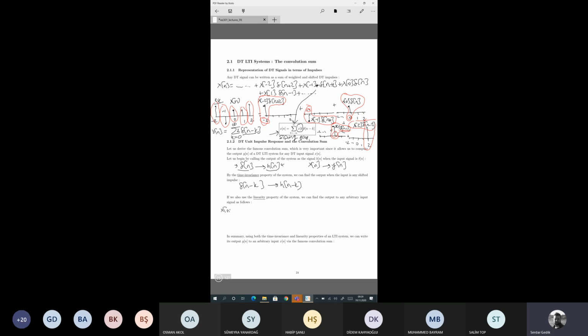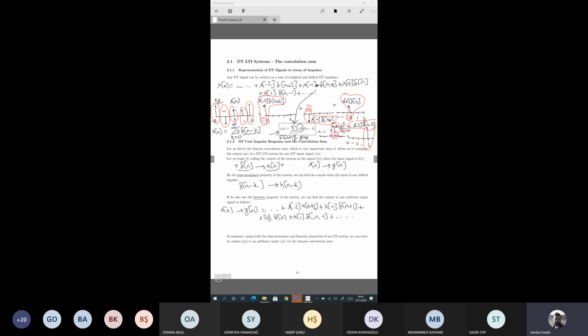So if you scale the inputs by the weights xk, then the corresponding output is scaled accordingly.